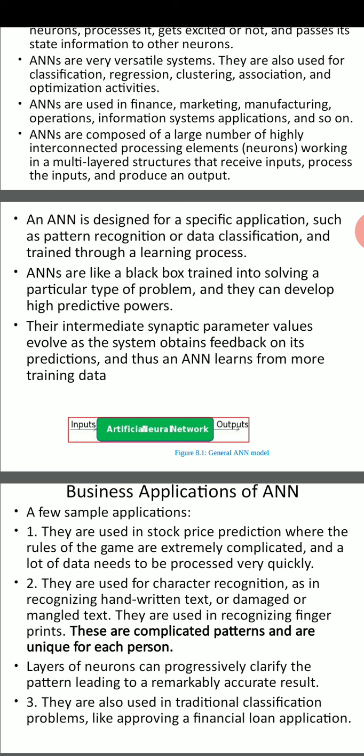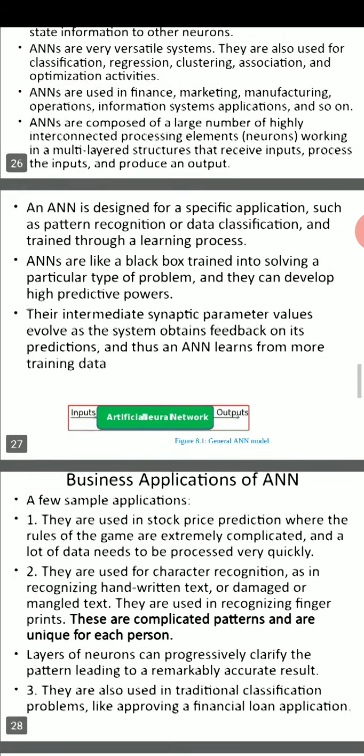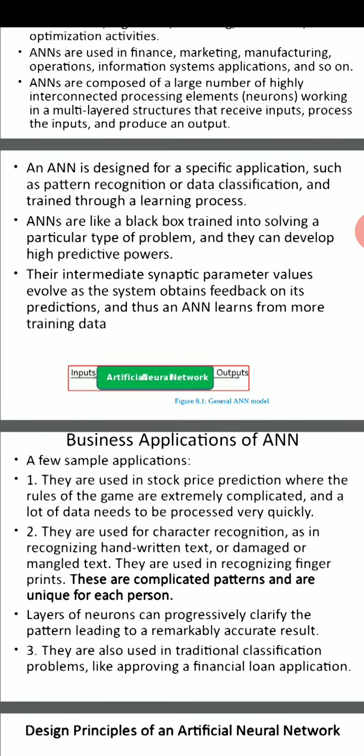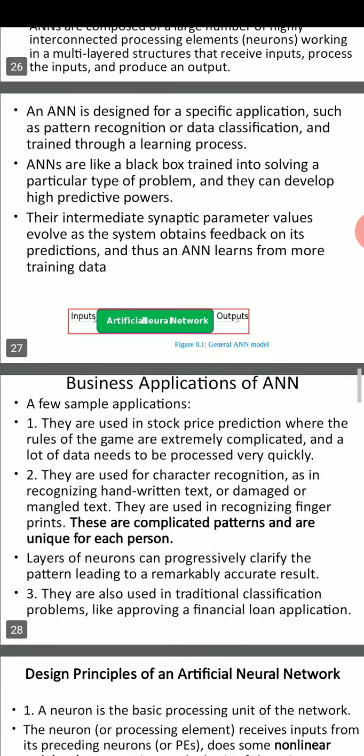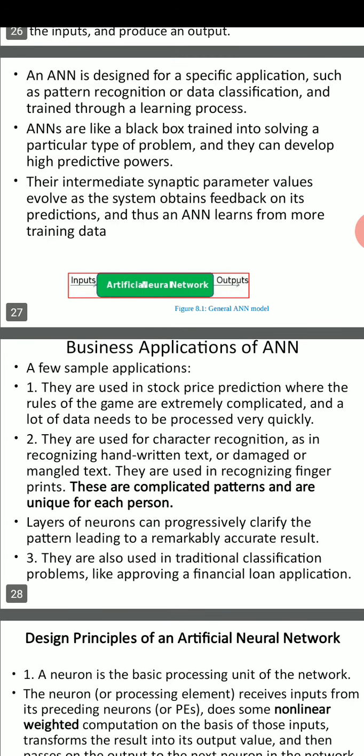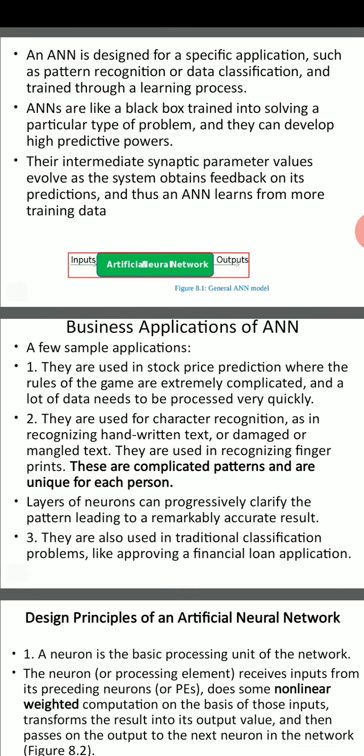An artificial neural network is designed for a specific application such as pattern recognition or data classification through a learning process. They are like a black box trained for solving a particular type of problem, and they can develop high predictive powers.